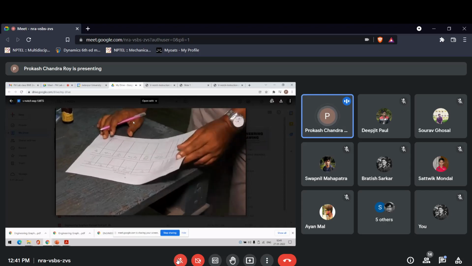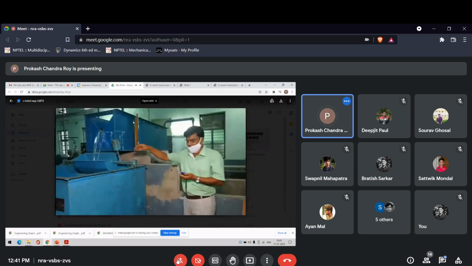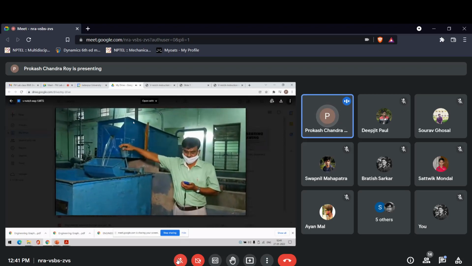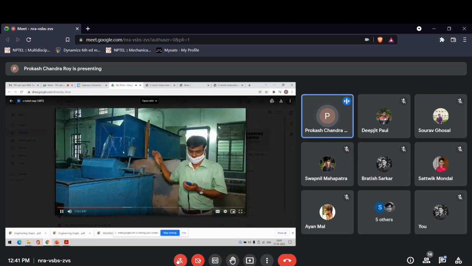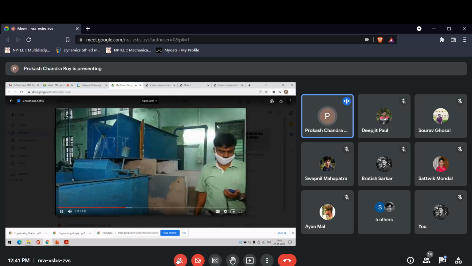So this is the initial for the volumetric tank. Then they are controlling this deflector, so flow will not take place to the volumetric measuring tank only.